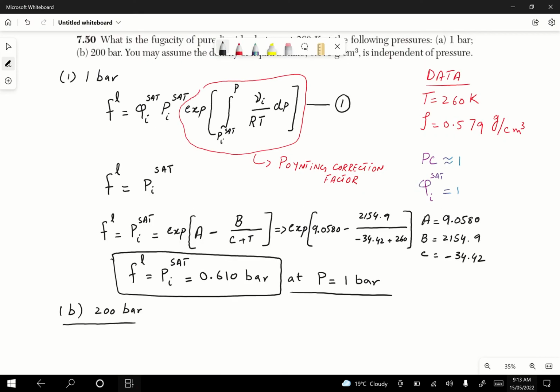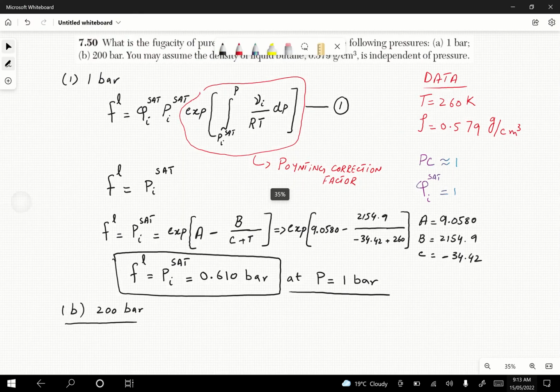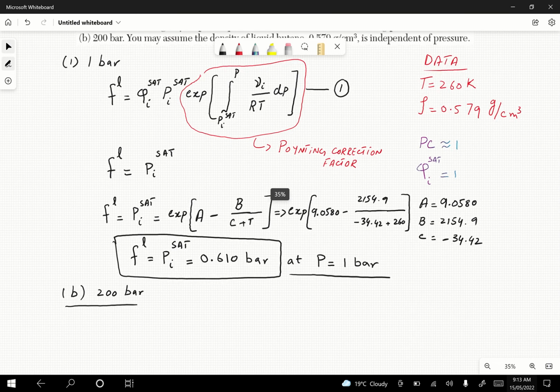Now we can solve this again using the same formula. So basically, again we can say that fugacity of liquid is saturation pressure, which is close to 1 again.